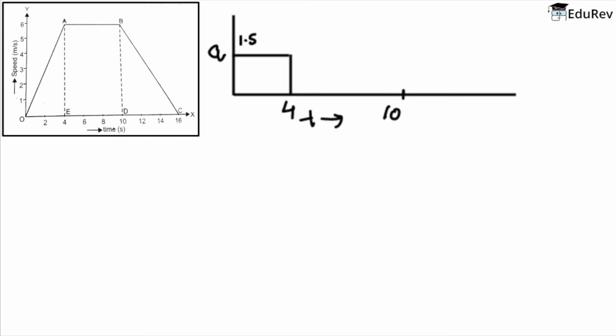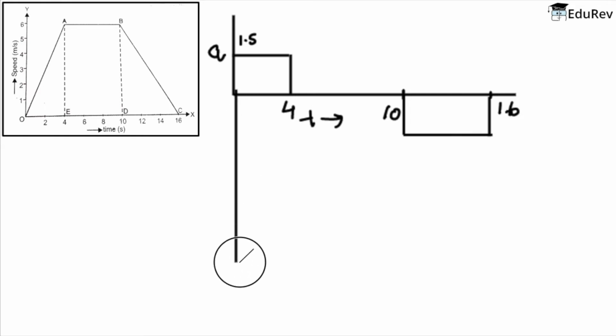Then from time t equal to 10 till time t equal to 16, we had negative acceleration, since the motion was constant retardation, at a value of minus 1. So this is our final a-t graph.